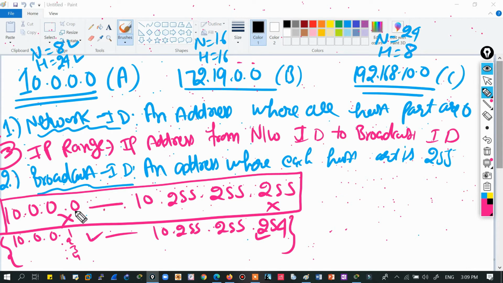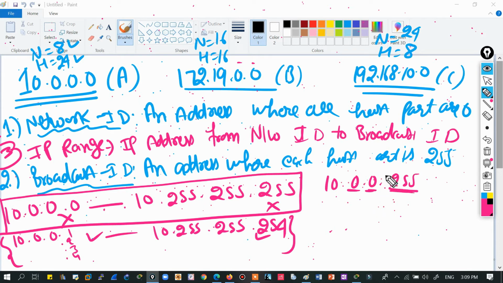These two are reserved and these are valid. How to identify? Suppose 10.0.0.255: this is not a broadcast address, because only one part is 255. To be the broadcast address, all host parts should be 255.